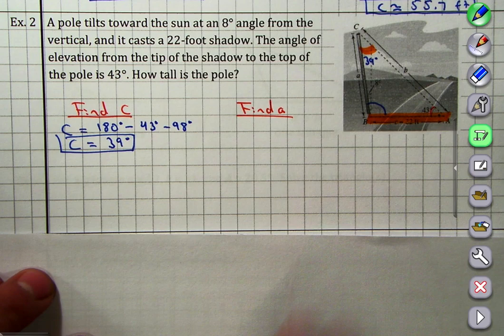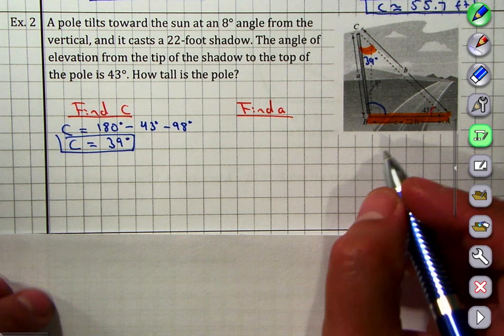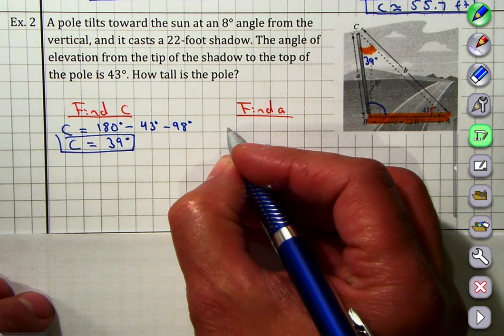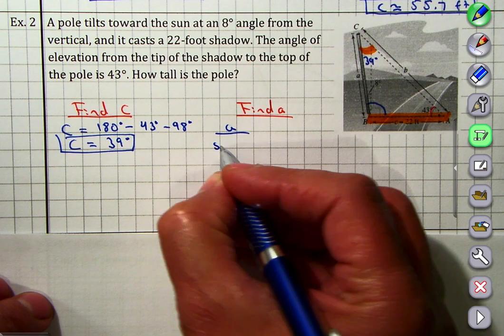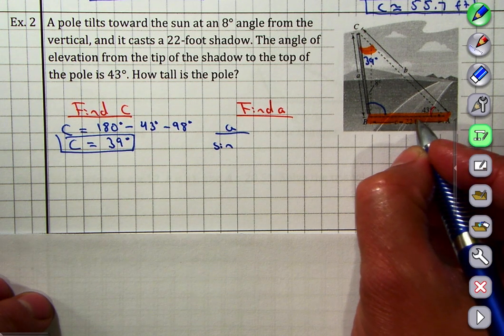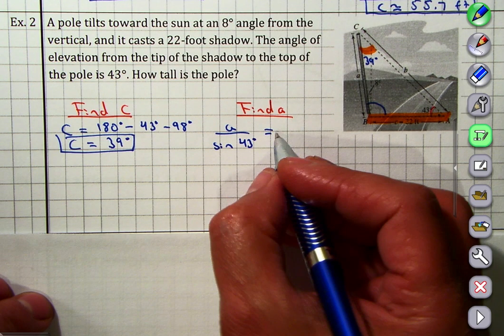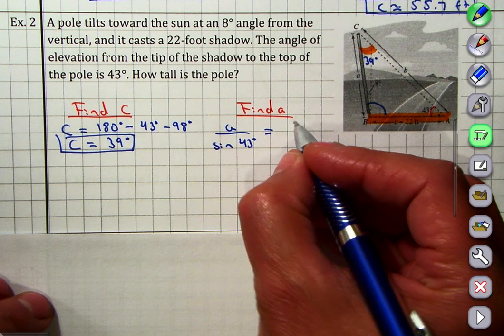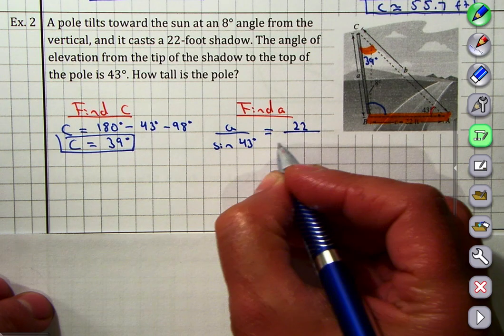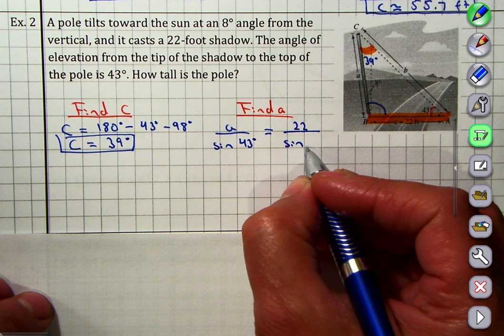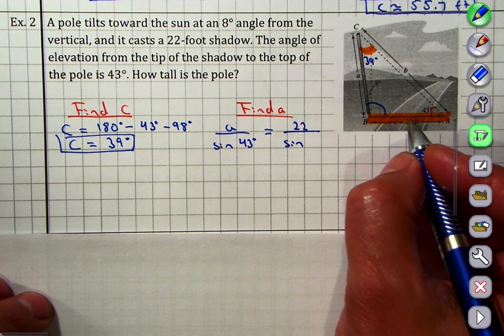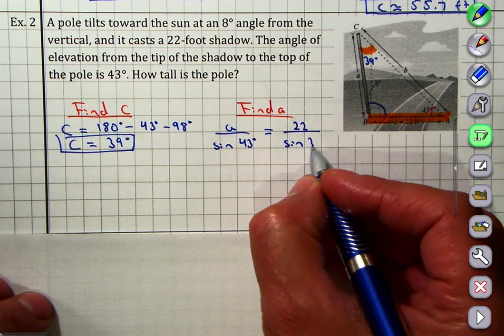Go and pause it. Correct. So in this case, we have A over the sine of A, which is 43 degrees, is equal to C, which is 22 feet, over the sine of angle C, which is 39 degrees.